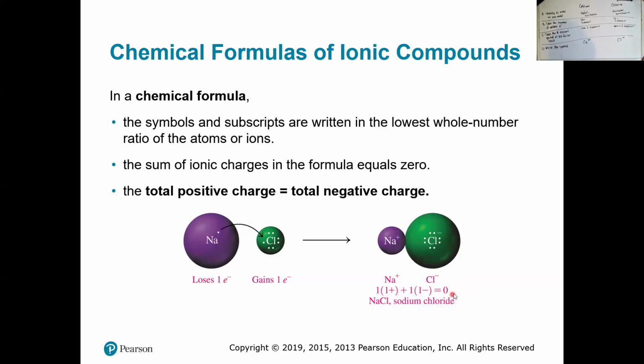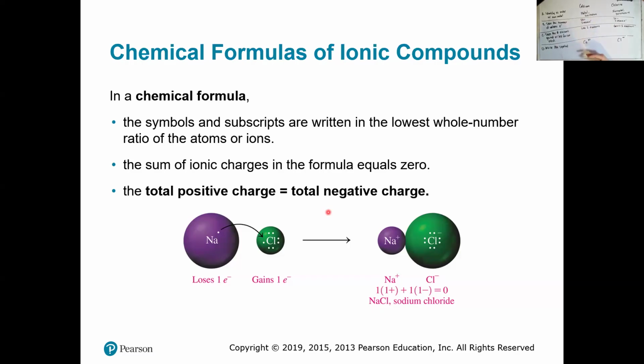In any ionic compound, we need enough anions and cations that the charges add up to 0. They should always add up to 0. You should never have any leftover charge. However much positive charge you have, that's exactly how much negative charge you have.